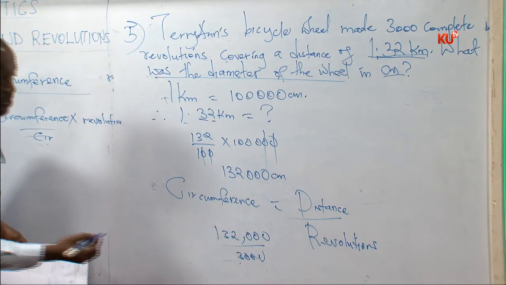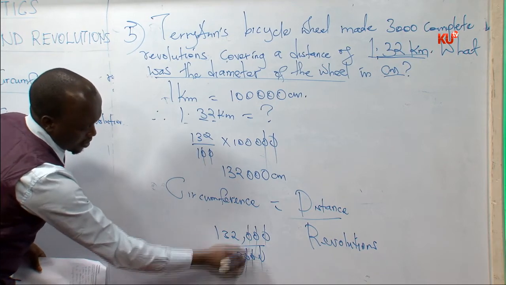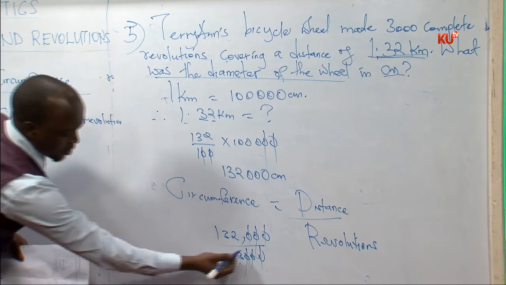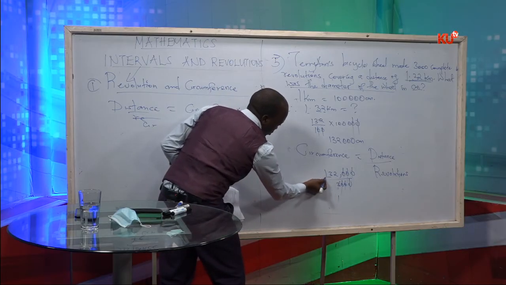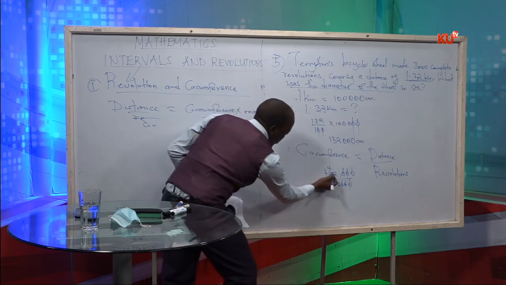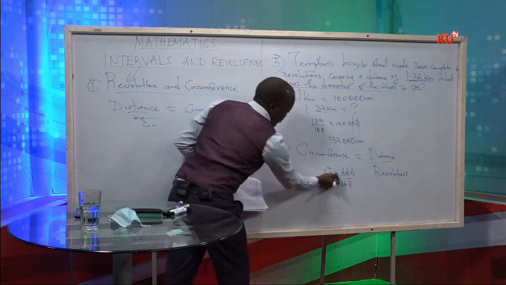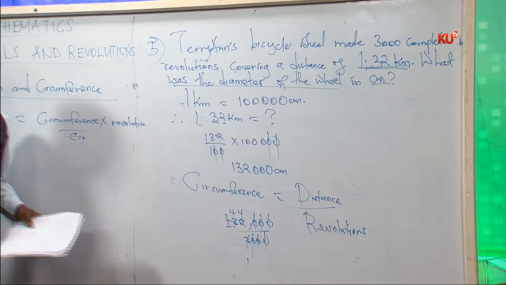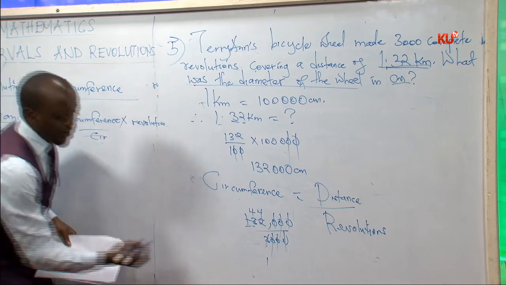What do we get? Simplify. That 0 will cancel. This one will cancel that. Then 3 goes here once. 3 cannot go into 1. It goes into 12 4 times. Remainder 1, we put that one closer there. Then 3 goes into 12 how many times? 4 times. So circumference here is 44.